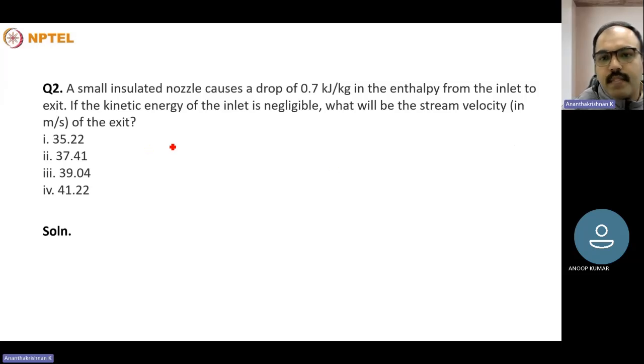It's a small numerical. A small insulated nozzle causes a drop of 0.7 kilojoule per kilogram in the enthalpy from the inlet to the exit. If the kinetic energy at the inlet is negligible, what will be the stream velocity at the exit?